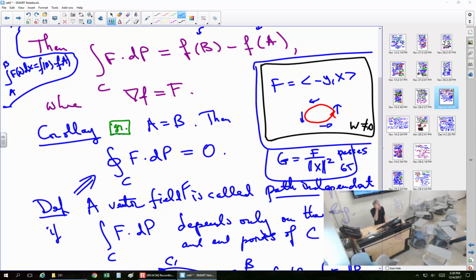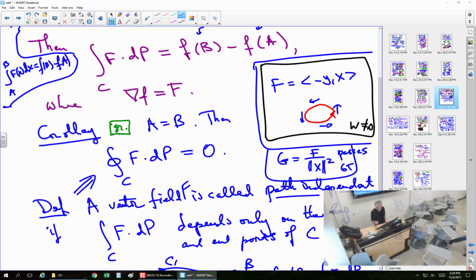So what I've been talking about is that the converse of the gradient test is what we're concerned with: under what circumstances does the gradient test have a converse? The answer is when the domain is simply connected.